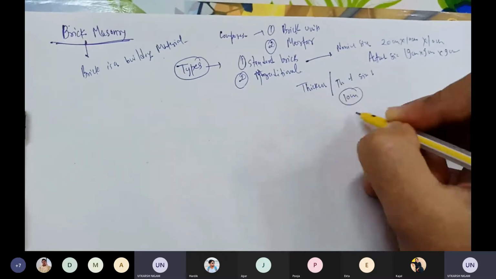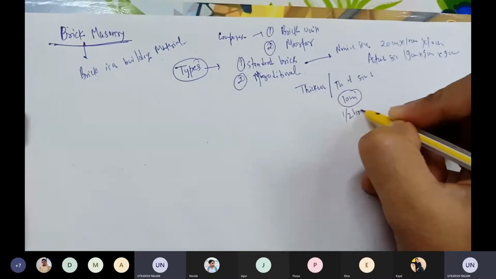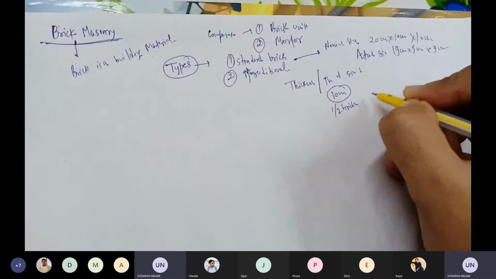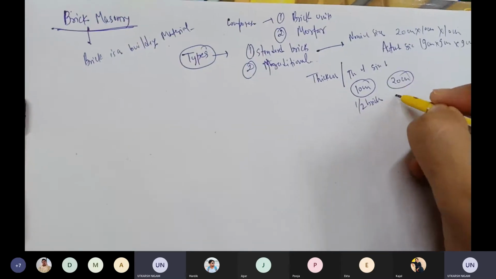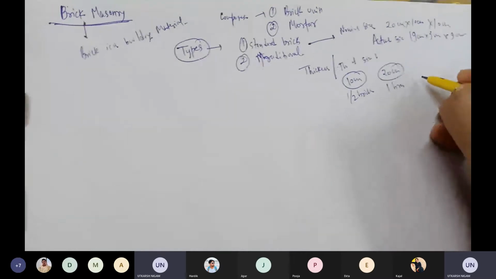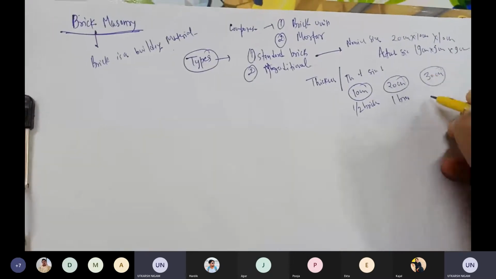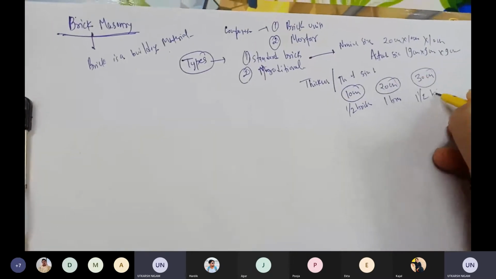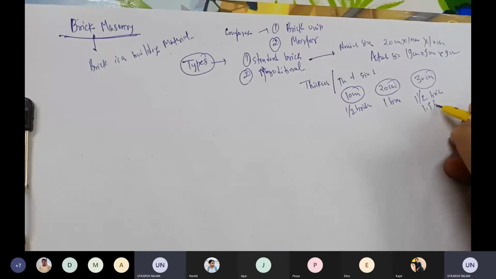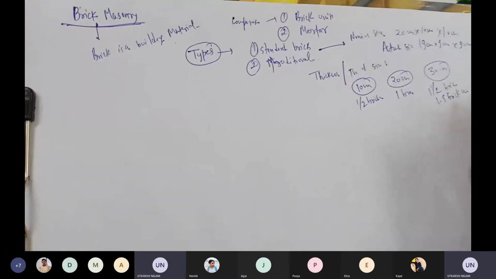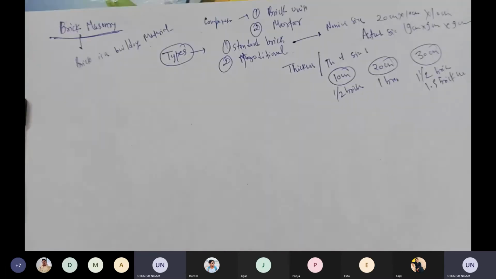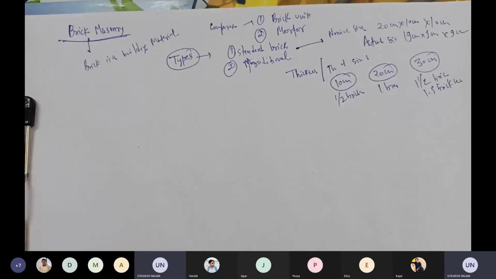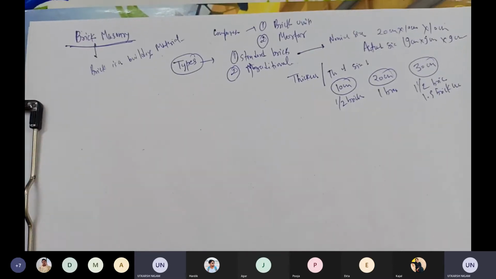If it is 10 centimeter, it means a half brick wall. If it is 20 centimeter, it is one brick wall. If a wall is 30 centimeter, we call it a 1.5 brick wall. That is how it is designated. That is the importance of brick and brick masonry.